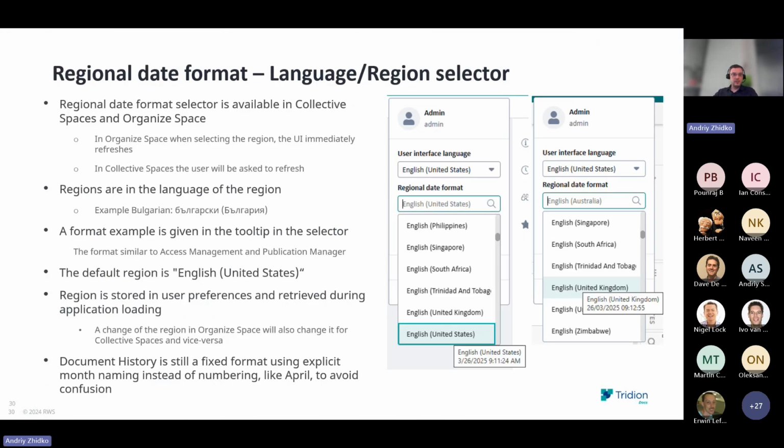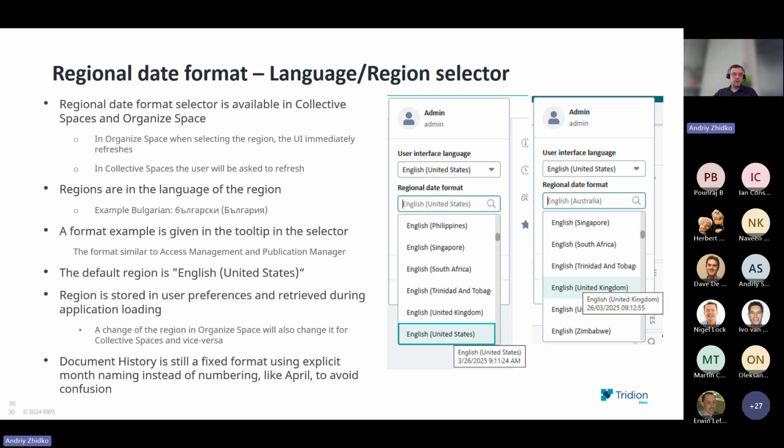So a bit more detail about that. As I said, this regional date format selector is available in both collective spaces and organized spaces, as part of the user preferences. If you change the value in organized space, the UI will be reloaded immediately, while in collective spaces, a user will be asked to refresh the browser tab.